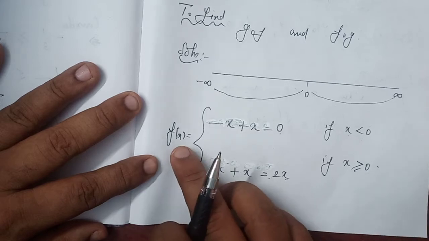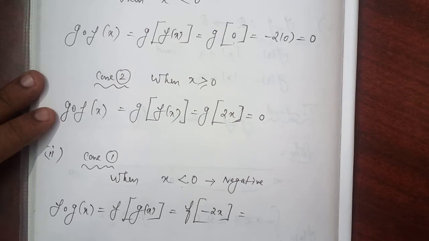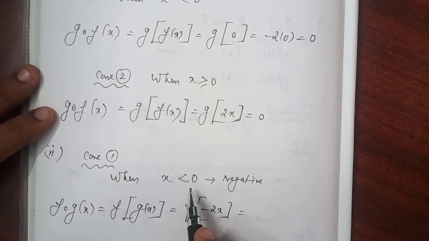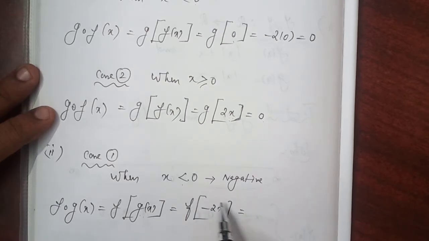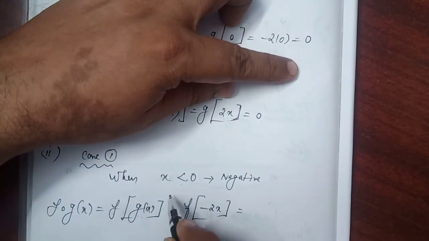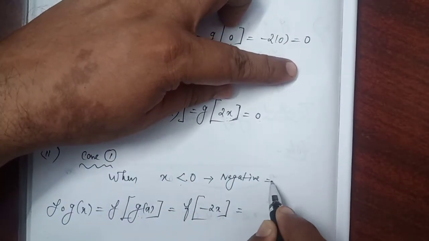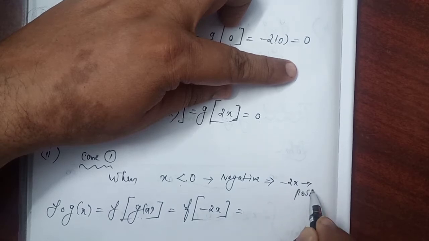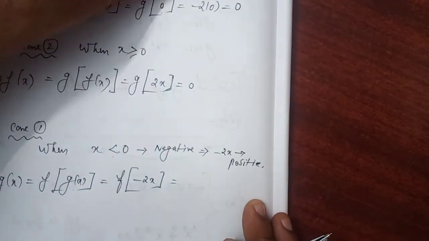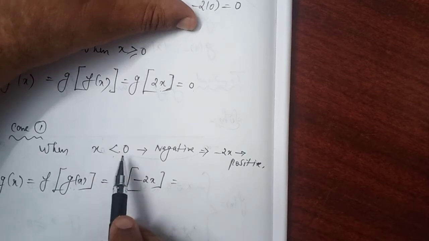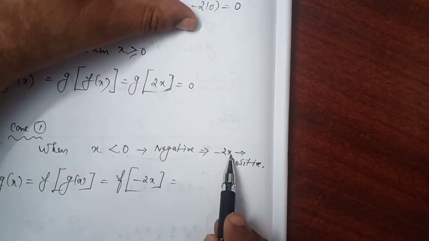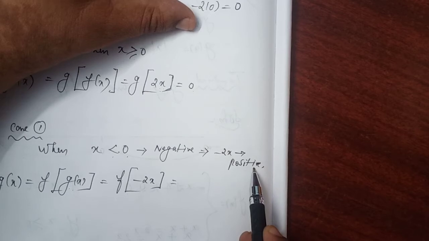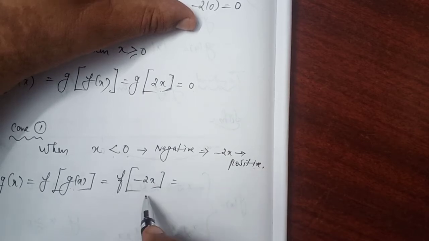Whatever the value of x here, just a minute, even though x is less than 0, we have minus 2x. Minus 2x will be positive. What is the reason? X is negative, and a negative into a negative number is positive. So this minus 2x becomes positive.